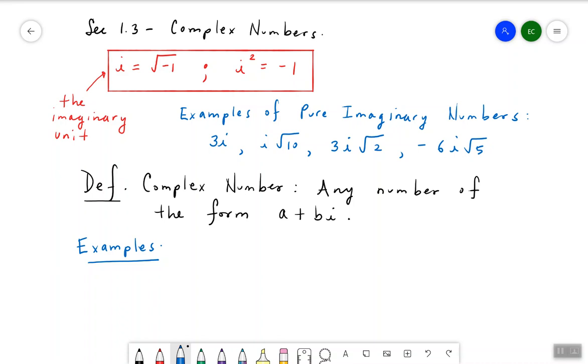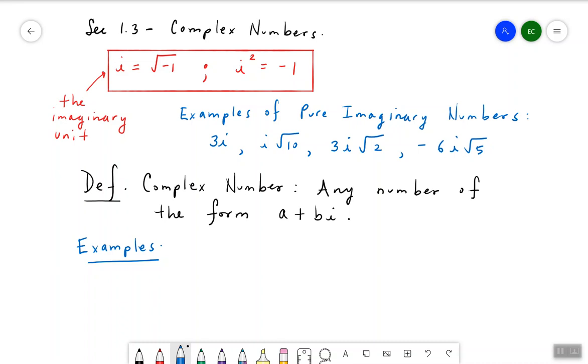And so now we want to come to the definition of a complex number. A complex number is any number of the form a plus bi, where i is the imaginary unit and a and b are real numbers, numbers that we were familiar with before we got into the imaginary unit.